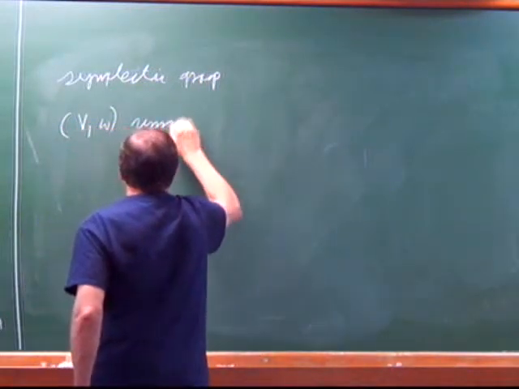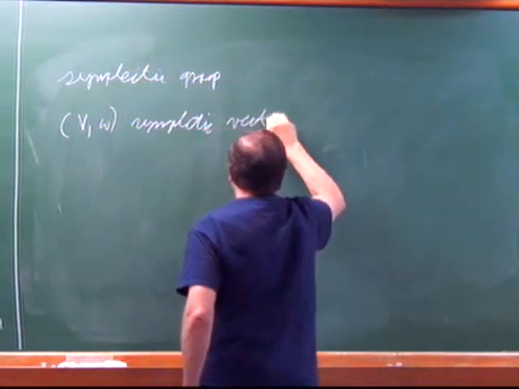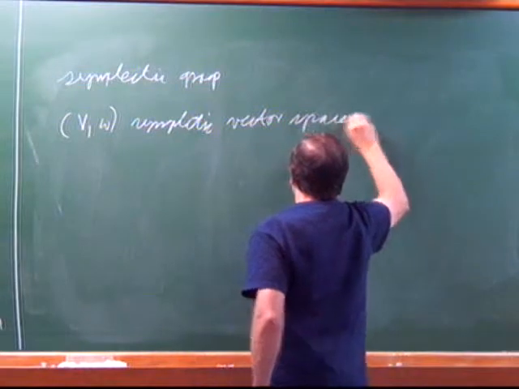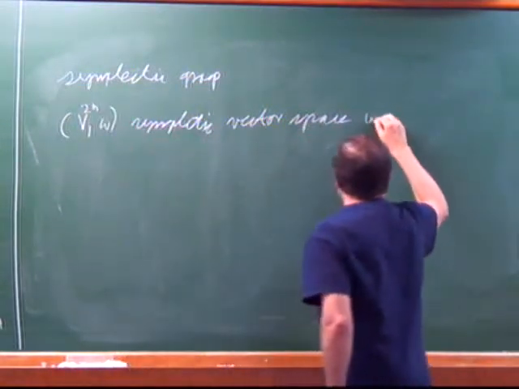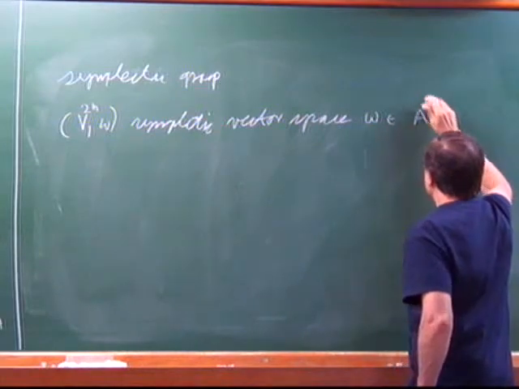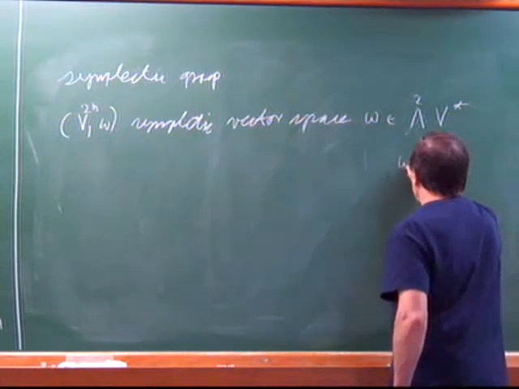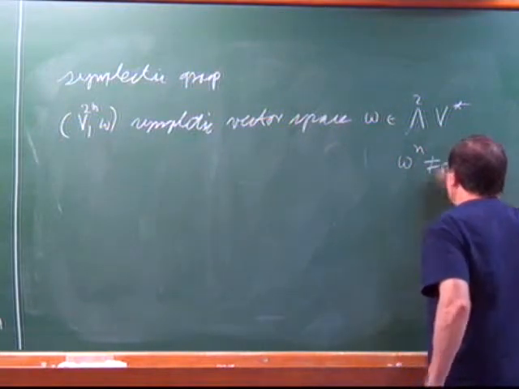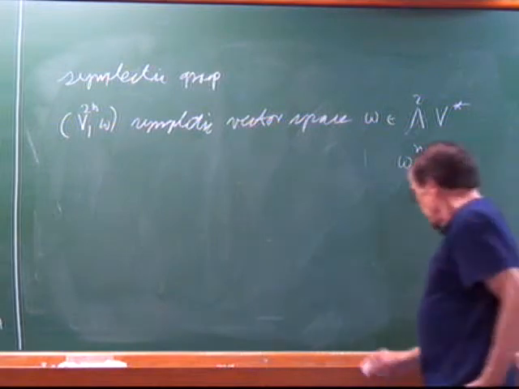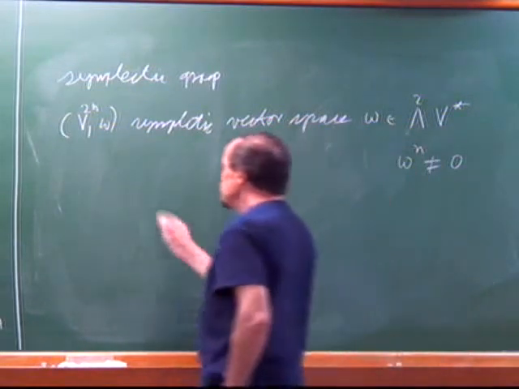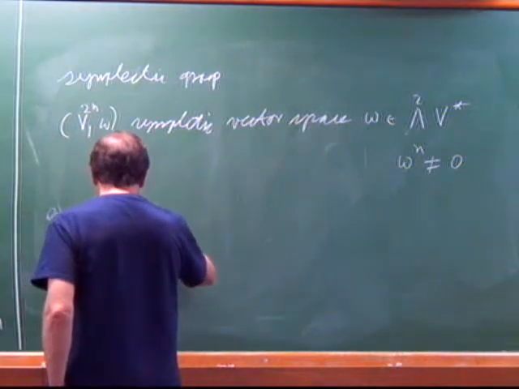So this is a symplectic vector space. This means it has dimension 2n. Omega is a 2-form, and omega to the n is non-zero. So that's non-degenerate, so that's a symplectic vector space. Then an easy exercise is that there exists a basis. It's called a symplectic basis.